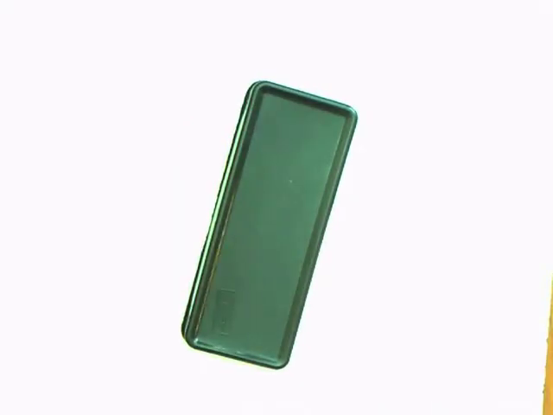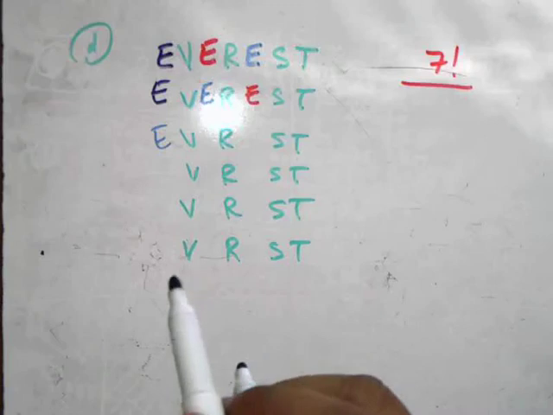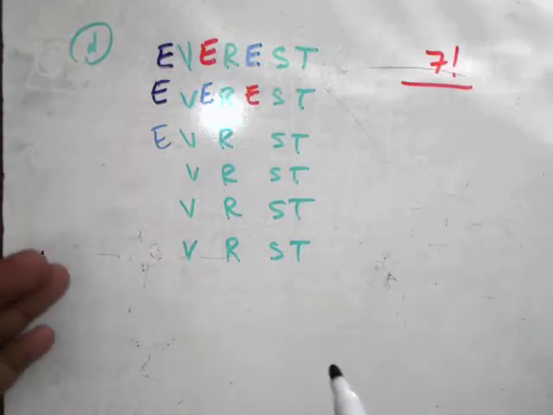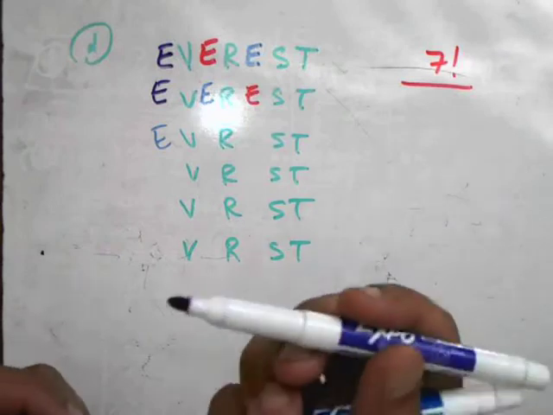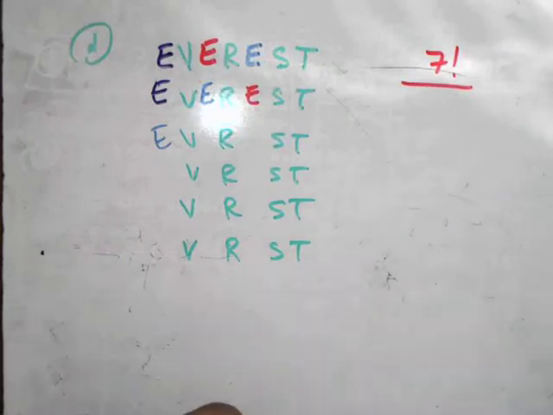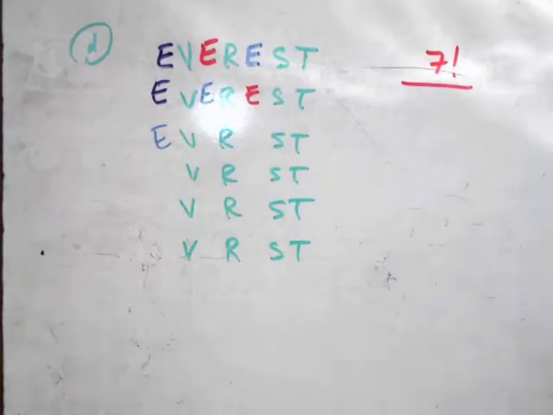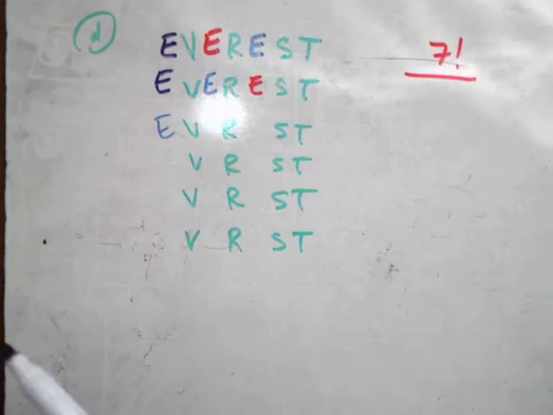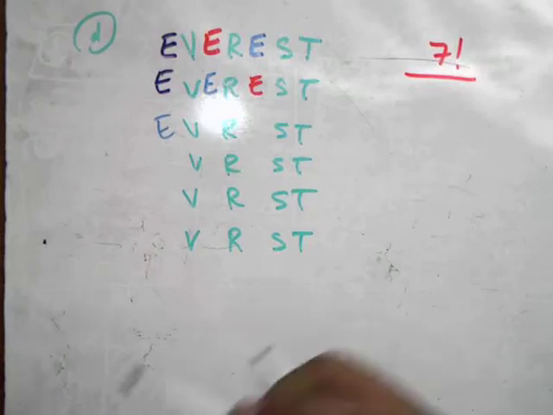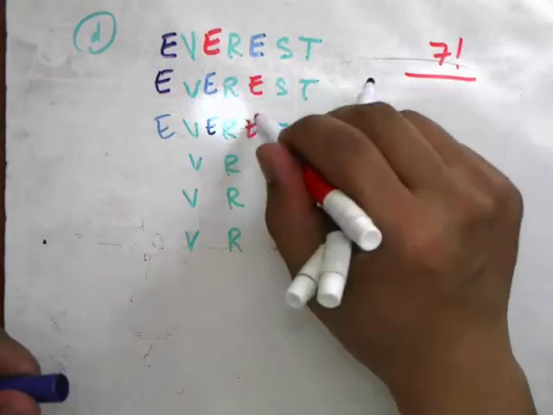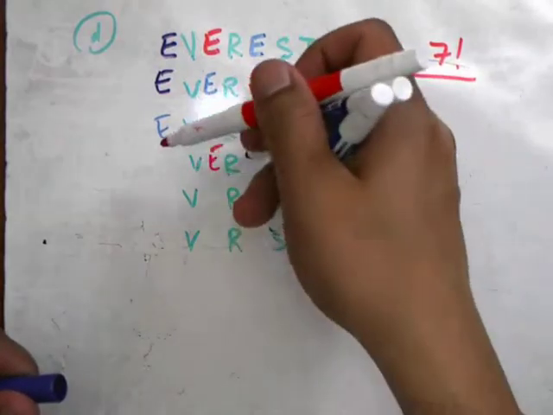So let's see. We can do this with the word Everest. And what I've done here is I've just written out every single possible combination, leaving the V-R-S-T the same. And you can see that I can just move the E's around. So I put the blue E in front, put the purple E here, then the red E, and then I can also switch them.